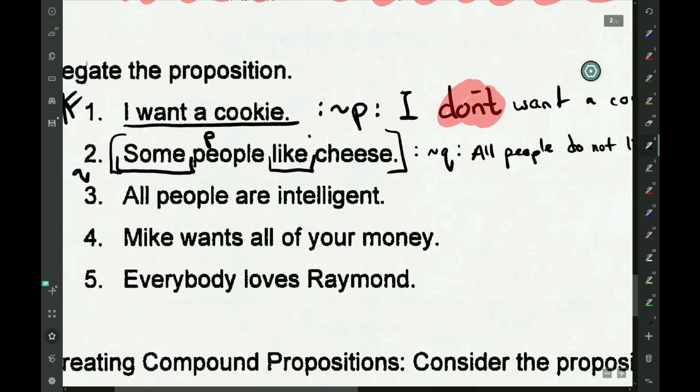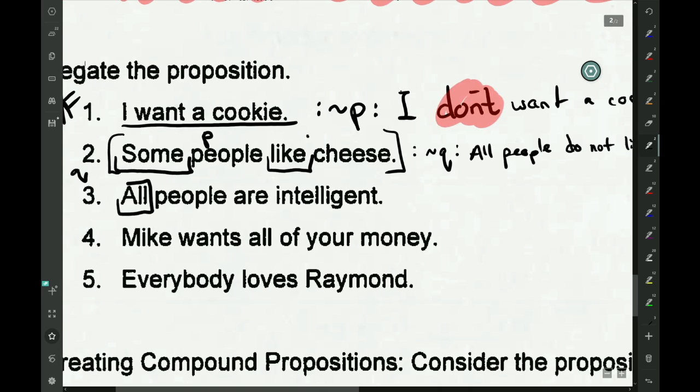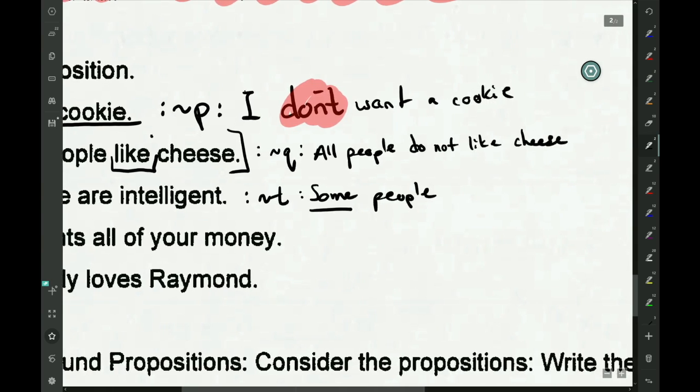You need to negate not only the quantifier, if there is one, but also the action or the verb as well. So, all people are intelligent. If we were to negate this one, let's call it T, the statement. First, we need to negate all, so we change all to some people. And the second part is are intelligent, so we change it to are not intelligent.